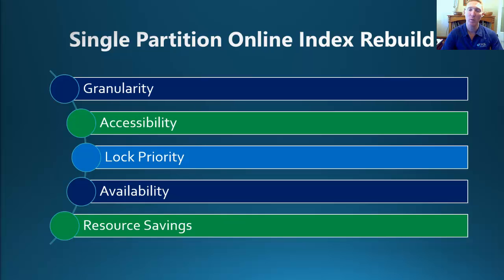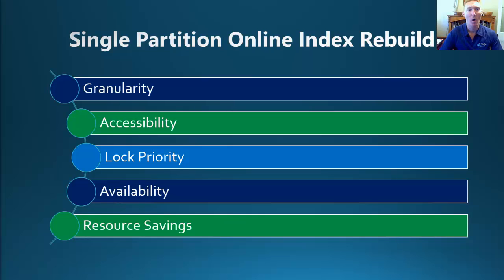Now, I've joined it with the Single Partition Online Index Rebuild because prior to now, for you to do an online index rebuild, you had to do the entire table. You couldn't choose an individual partition. If you just wanted to do the partition, then you had to do that offline.